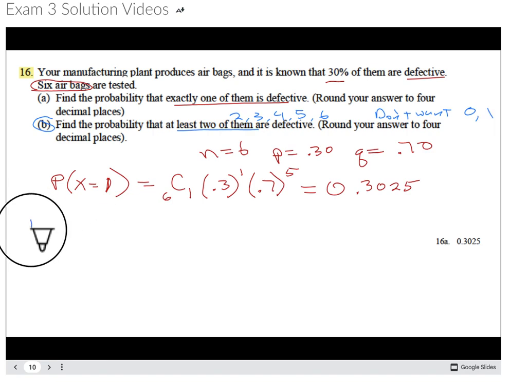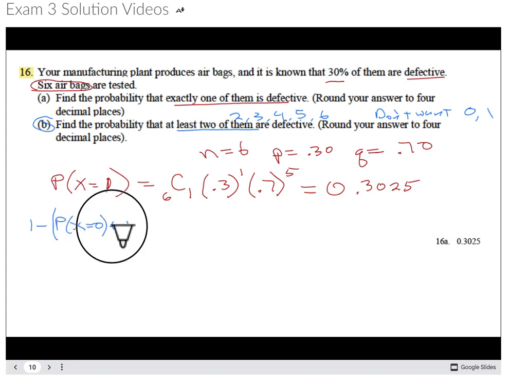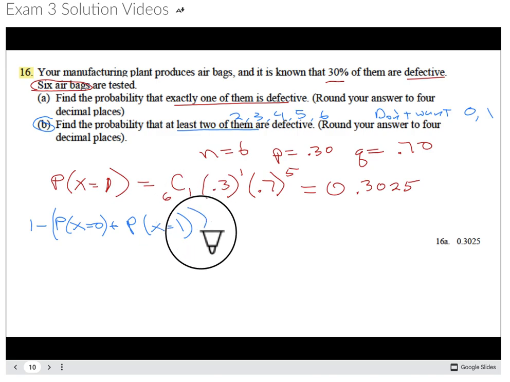So we're going to take 1 minus the probability x equals 0, plus the probability x equals 1. So there's 2 calculations here, then we subtract it from 1.